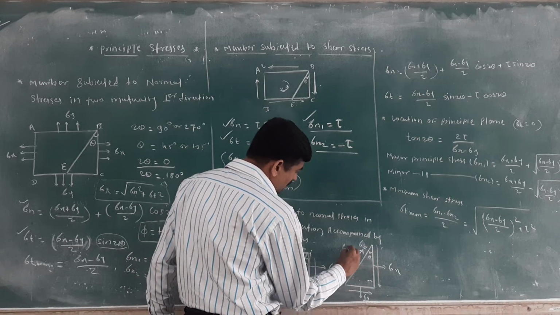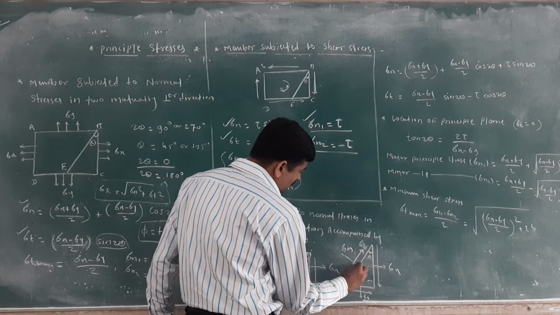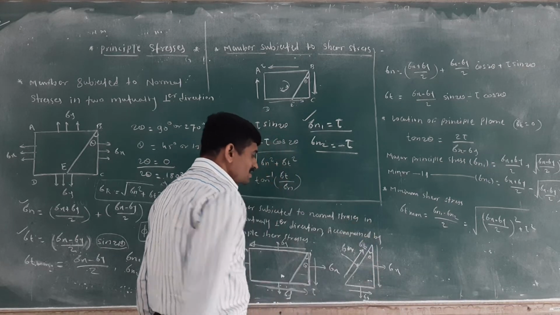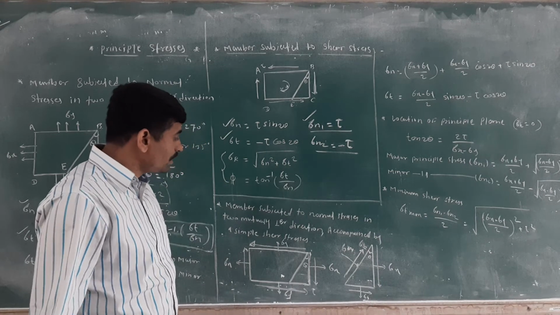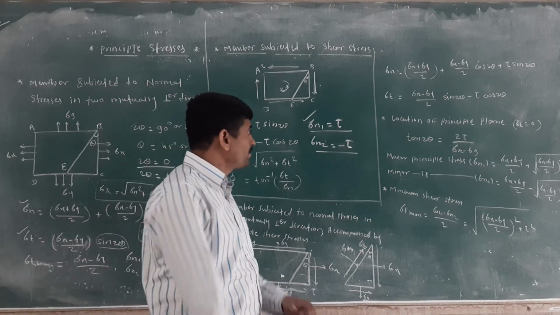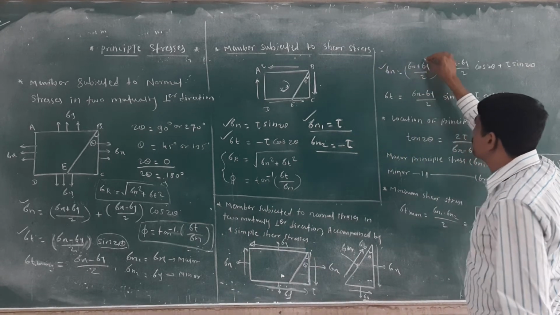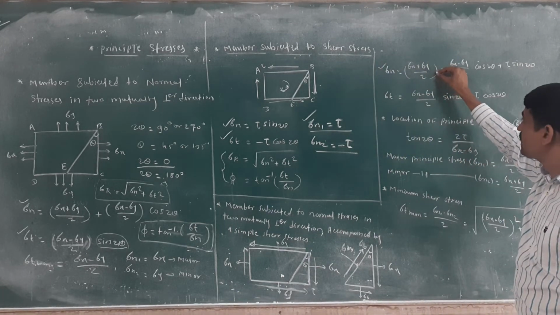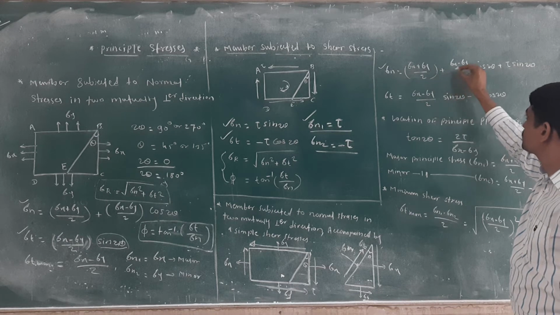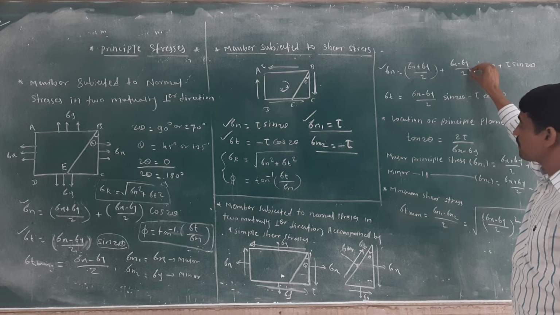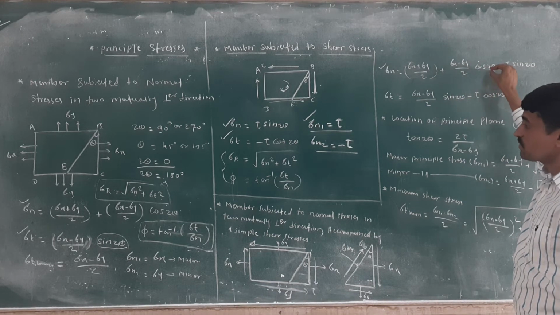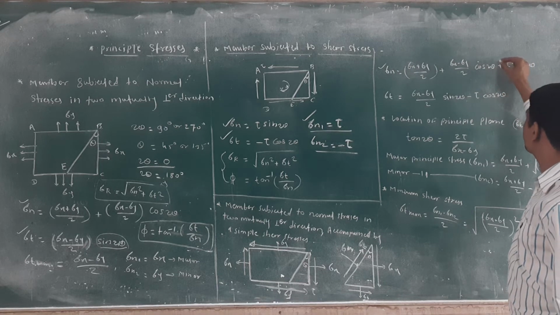Here is sigma t, and perpendicular to this plane is the normal stress. Then when you solve this derivation, check that you will get sigma n equal to (sigma x plus sigma y) divided by 2 plus (sigma x minus sigma y) divided by 2 into cos 2 theta.